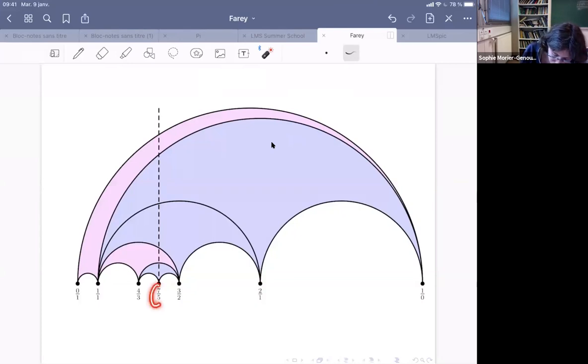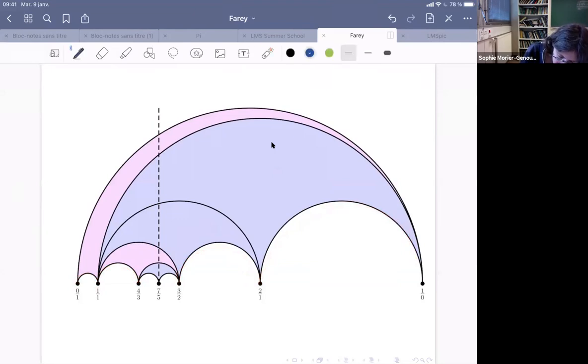In this picture, you play the same game, but now instead of talking about below or above the line, I talk about the left or the right. So I go this way and I count how many triangles are at the right or at the left. So I have a sequence. The ones that have the base at the left are pink in the picture, and the triangles with the base at the right are purple.